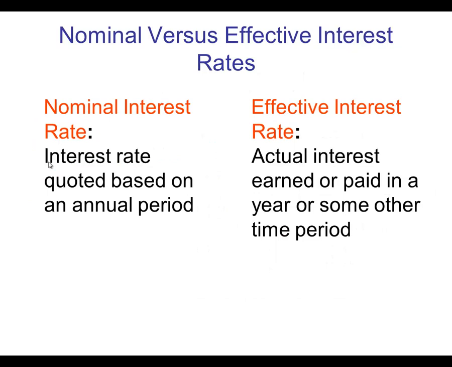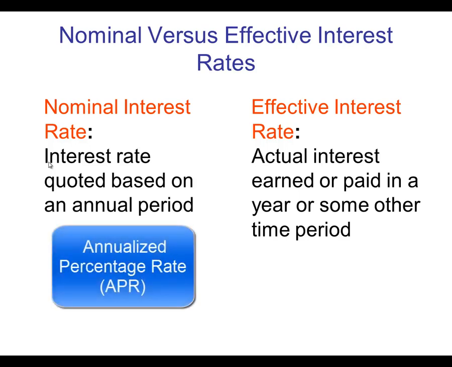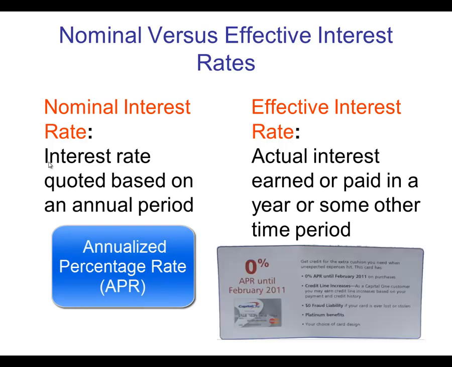Let's start with the difference between nominal and effective interest rates. Nominal interest rate is the rate of interest before adjustment for inflation. The nominal interest is known as an annualized or annual percentage rate, or APR. And this is what you see on your credit card offers or statements, the word APR.